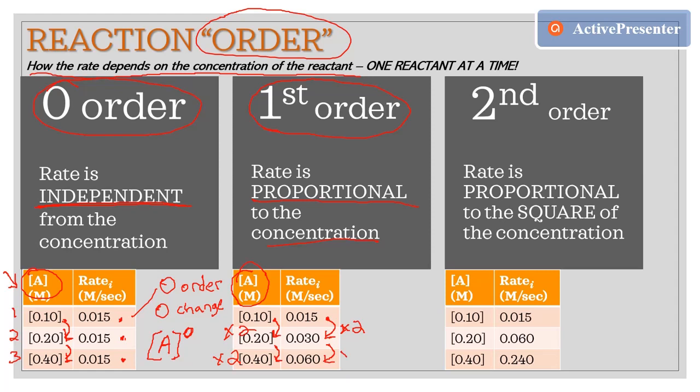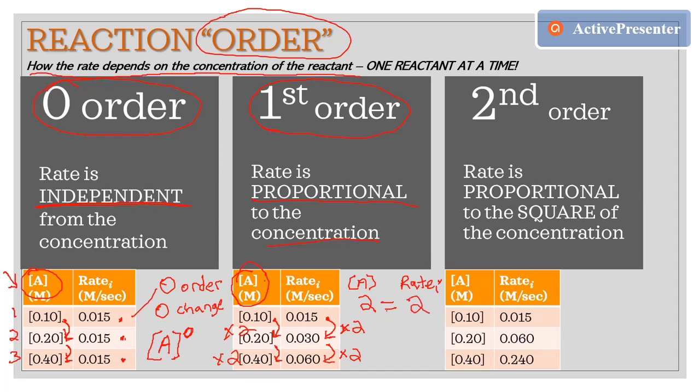So that doubled as well. So for the concentration of A, every time we double the concentration, and we have the initial rate right here, the initial rate doubles.